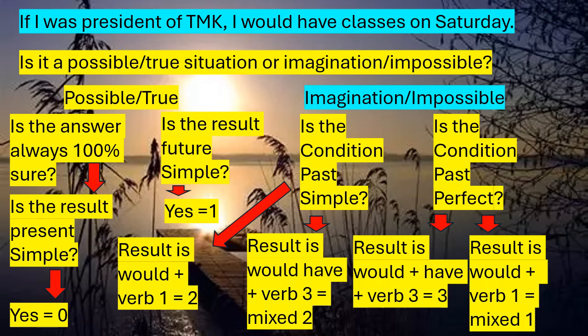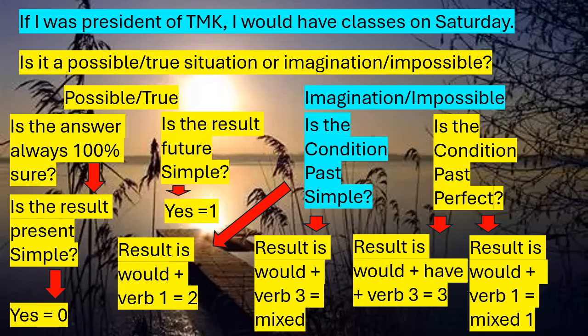I'm not the president of TMK. Second question, is the condition past simple, or is the condition past perfect? So we look at the question again. If I was president of TMK, if I was president, so it's past simple.